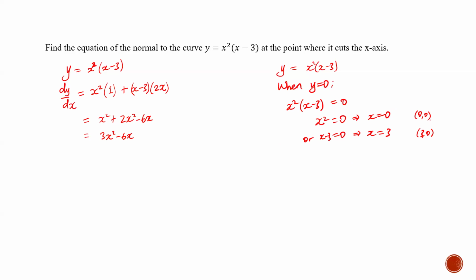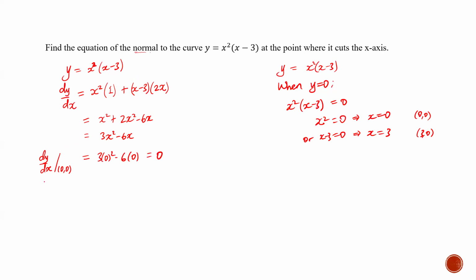But why don't we want to consider (0, 0)? Remember, we want to find the equation of the normal. The gradient of the tangent to the curve at the point (0, 0) is going to be 3 times 0 squared minus 6 times 0, which is 0.